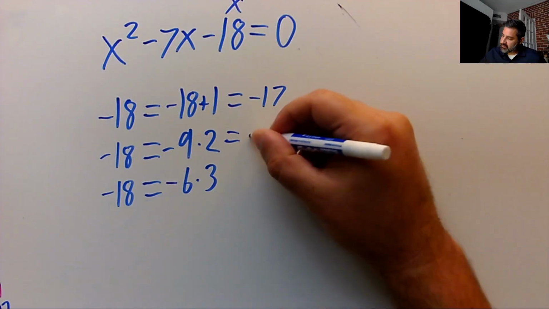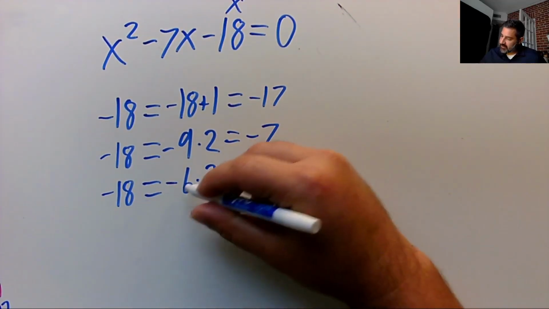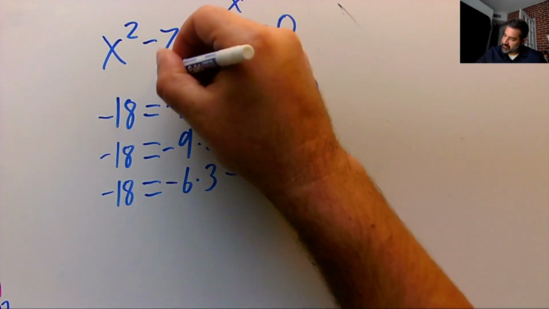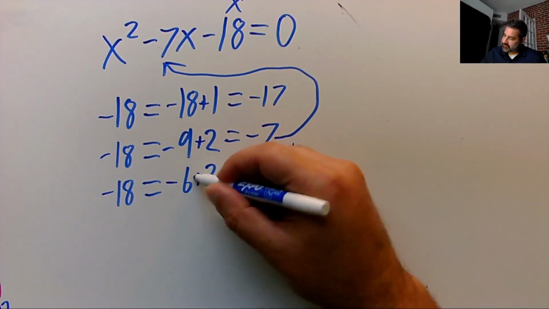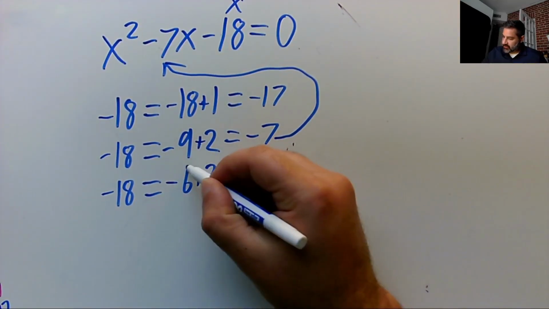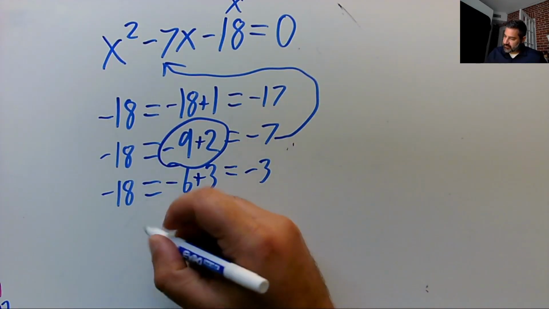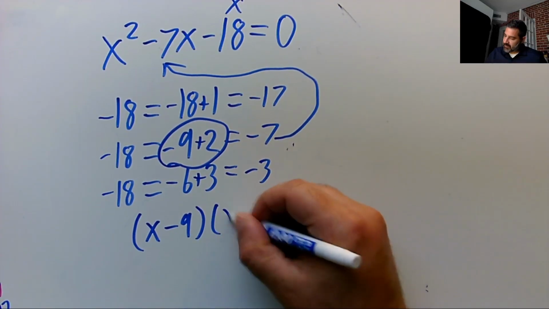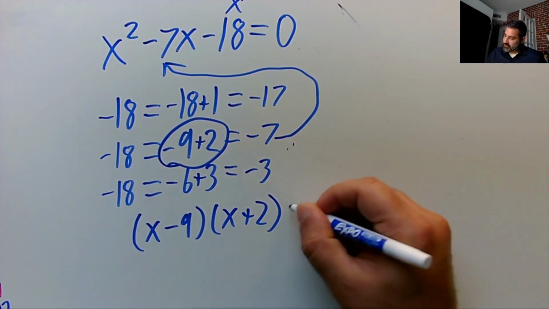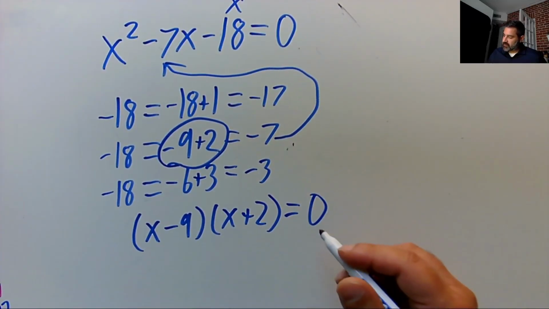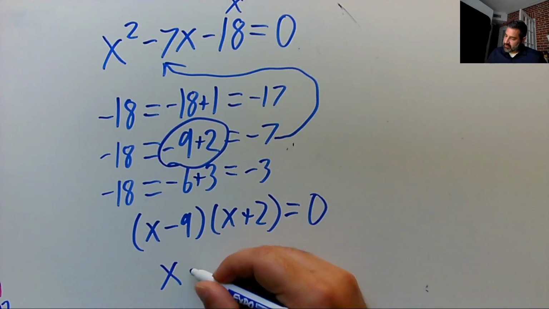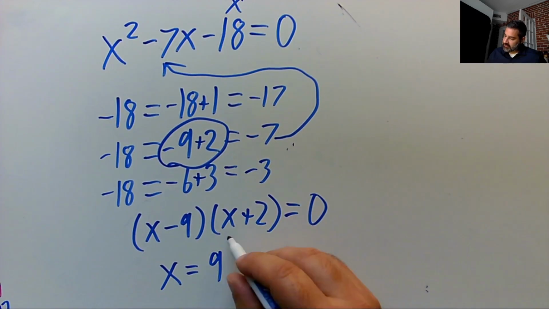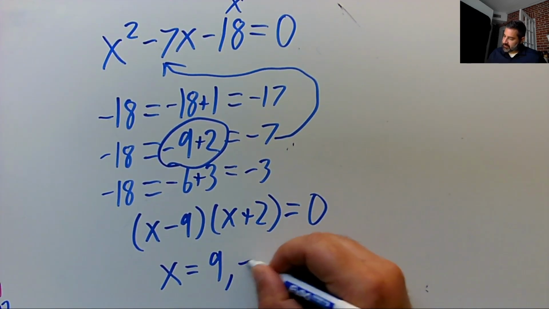Negative 9 plus 2 is negative 7. Negative 6 plus 3 is negative 3. And we're looking for negative 7. So this is our solution. x minus 9, x plus 2 equals 0. And so our two answers to make this 0 would be 9, and to make this 0 it would be negative 2.